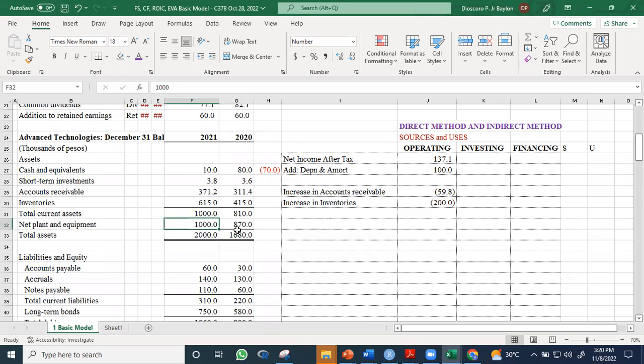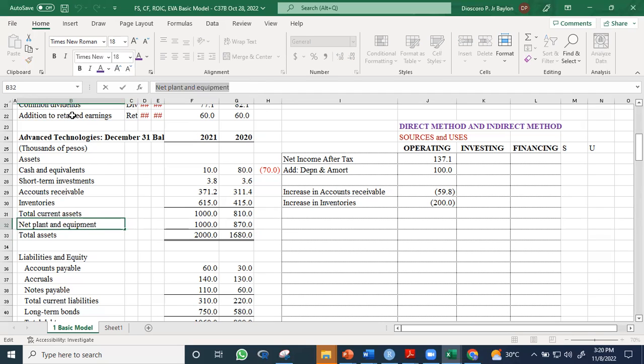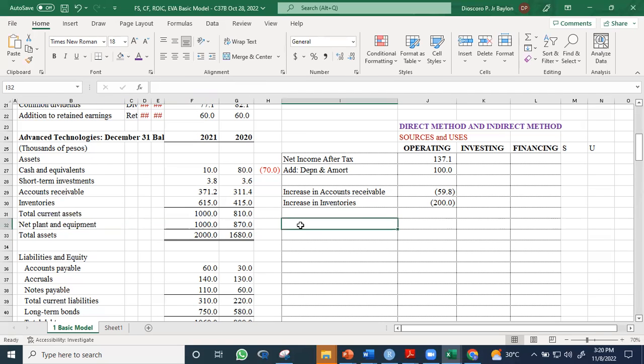So take note, net plant and equipment jumped from 870 to 1,000. So nag-increase siya ng 130, di ba? And syempre, pag nag-increase yung property, plant, and equipment, ibig sabihin nun, nag-invest yung company, bumili ng property, plant, and equipment. So let's put here, increase. Copy ko na muna to para mabilis, Control C, and then Control V, and then I put here increase in net plant and equipment.